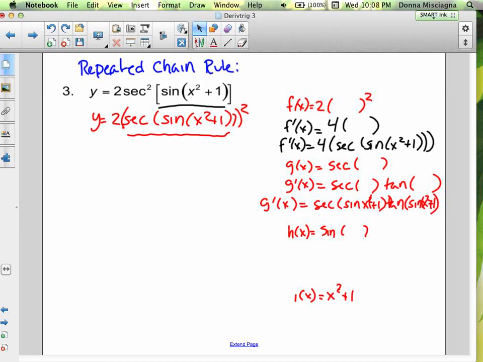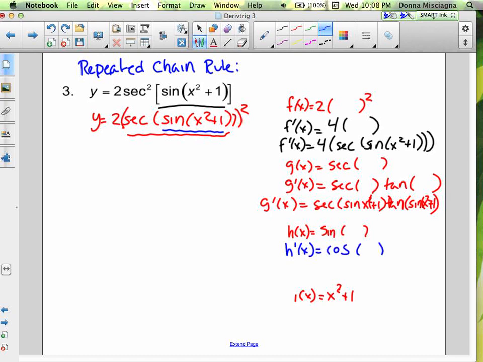All right, so now let's look at the next part. Now we got to go in a little bit more. And so now we're taking the derivative of this part. All right, so we have sine blop. What's the derivative of sine blop? Cosine blop. What's the blop?